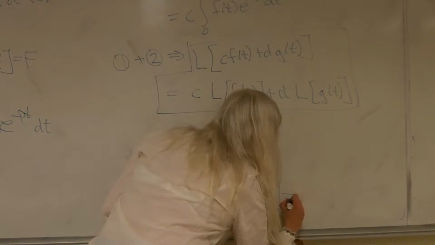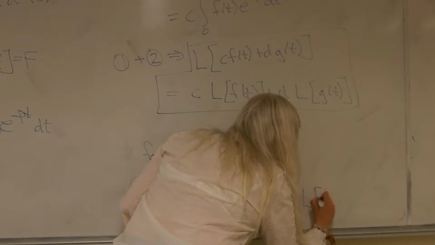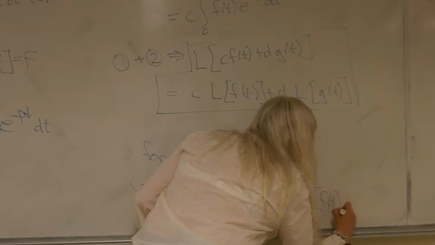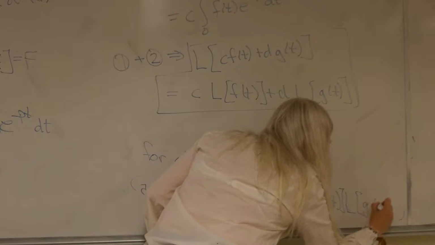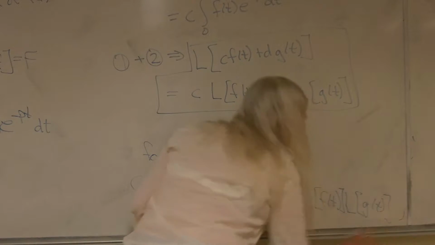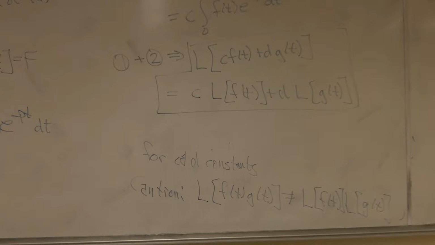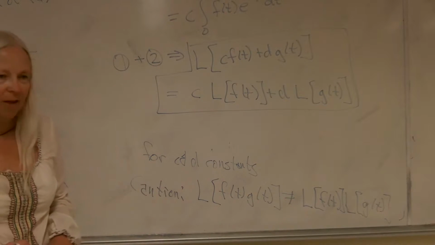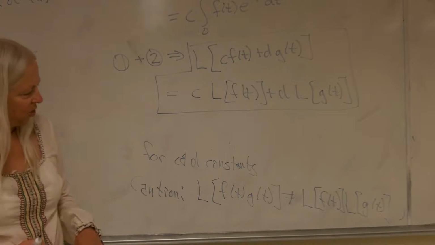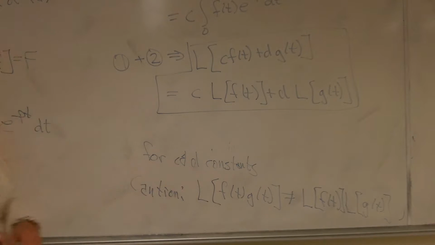So this is not the same thing as the Laplace transform of f of t times the Laplace transform of g of t. There is perhaps a somewhat similar relationship that is true, but it's not quite this. We'll see what it is a little bit later today.